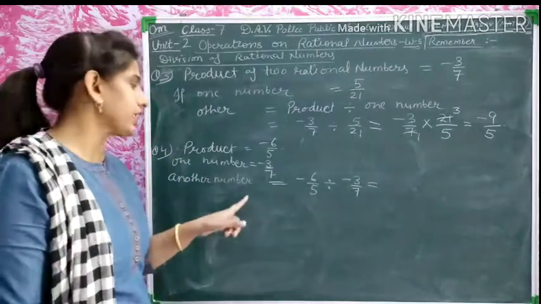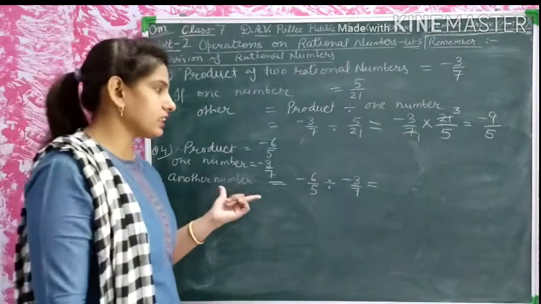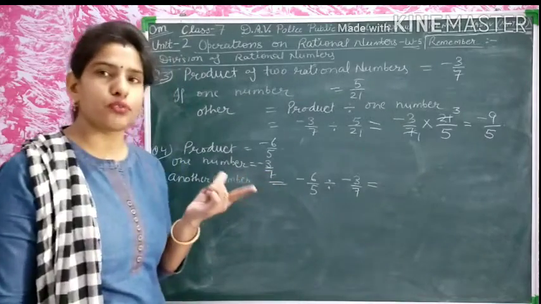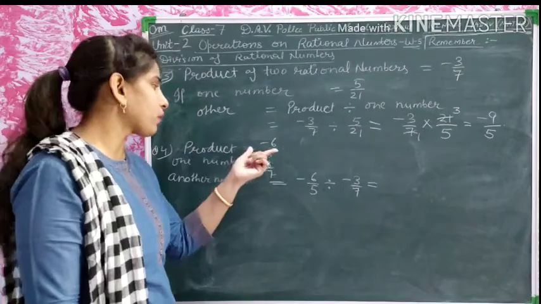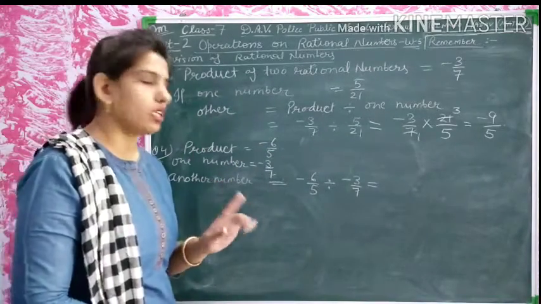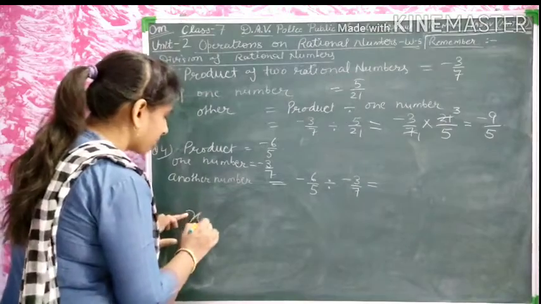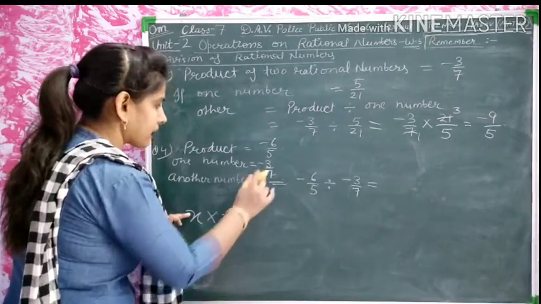Now we will go to the next question. There is also the same question. It is asking what number we should multiply to this number so that the product becomes minus 6 by 5. What number should we multiply to minus 3 by 7?